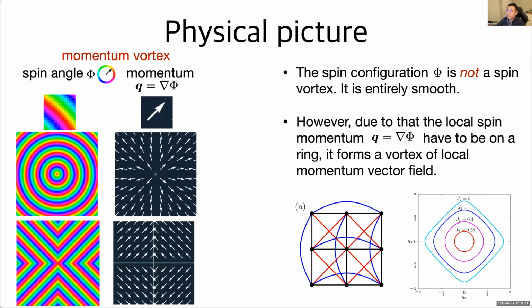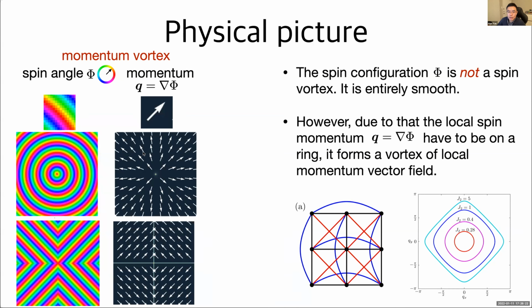But it turns out that these momentum vortices have very distinct mathematical properties from the spin vortices. The key reason is that if you look at the definition here, the Q as a vector field must obey a curl-free condition.